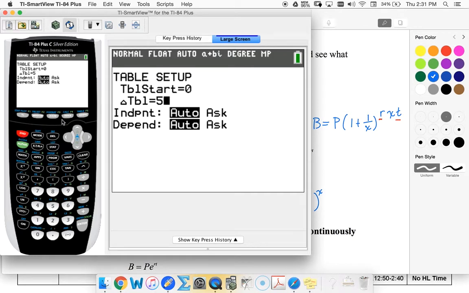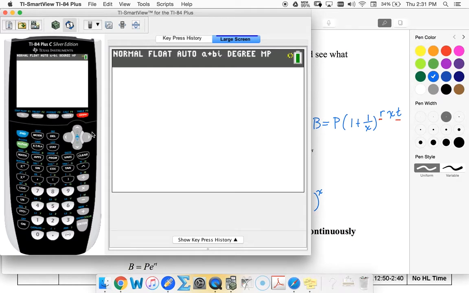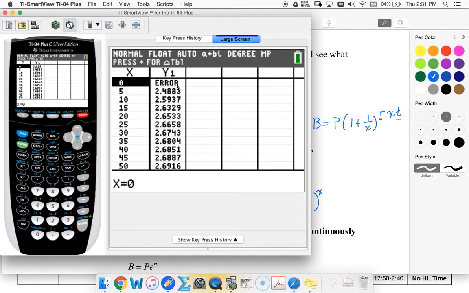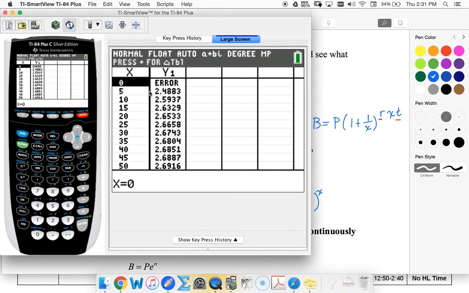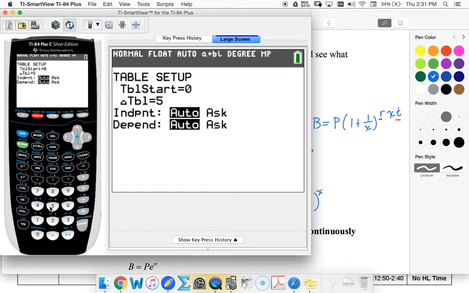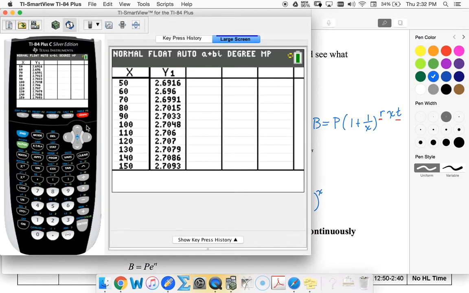That's just because I want to see what happens as time goes on. At 0 I get an error because of course I can't divide by 0. But as I go up, I notice my number is getting bigger and bigger. So that's at 50. Let's go into our table settings and start at 50 and go up by 10s, and see what happens.